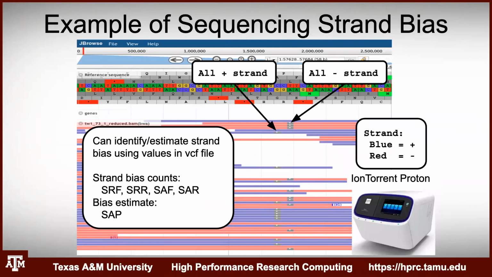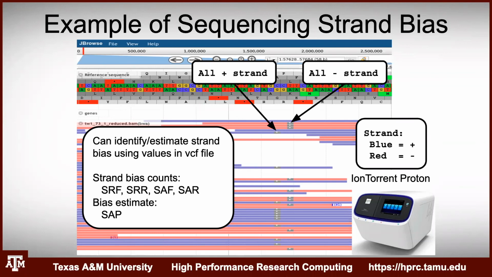All right, so this is specific to the Ion Torrent. I actually haven't worked with Ion Torrent data before, but it can have sequencing strand bias. Here in this alignment, the strands are color coded. Blue is the positive and red the negative strand.